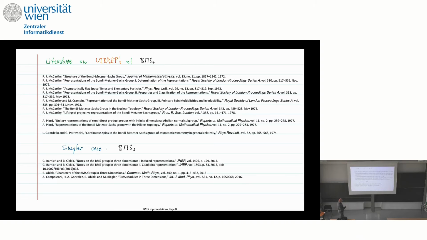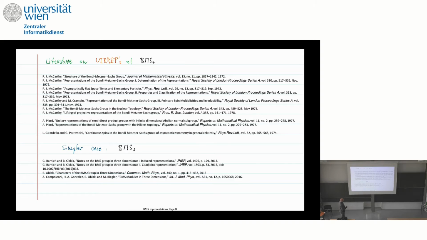The most important result that he got depends on the topology that he was choosing. Contrary to the Poincaré group, all his little groups were compact, and he was claiming that the main result is that there are no continuous spin representations if you go from Poincaré to BMS. You should check.